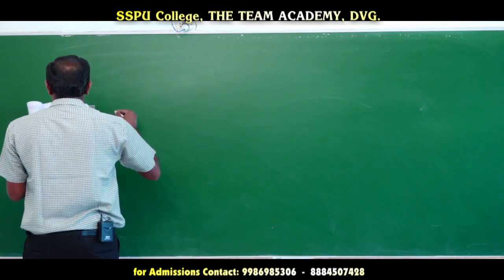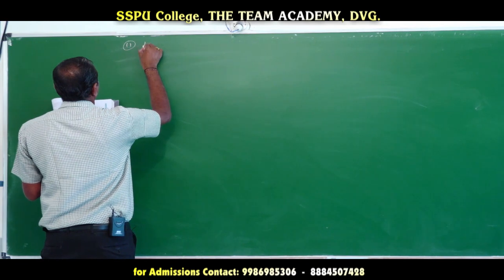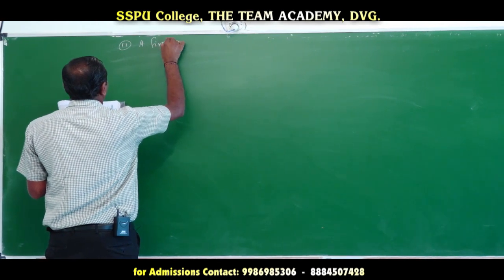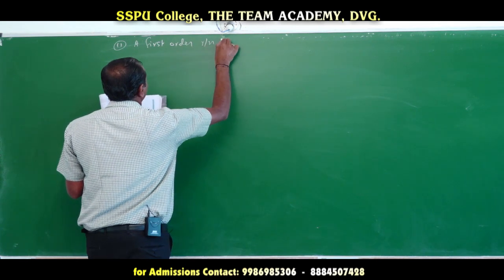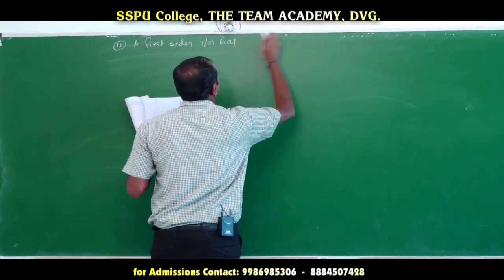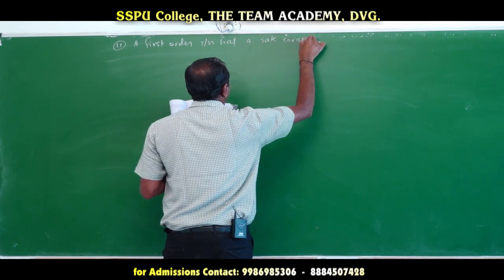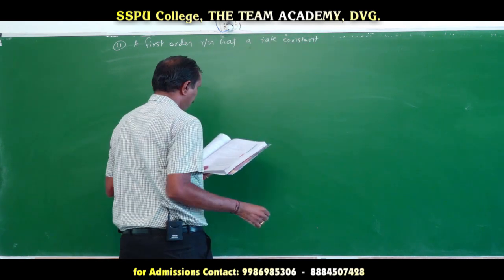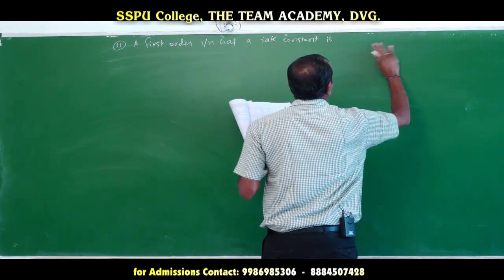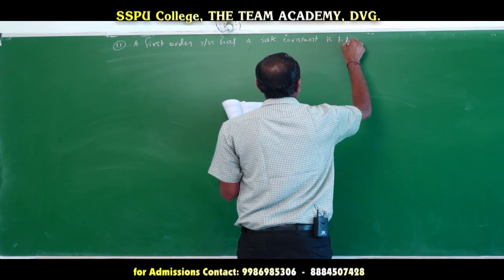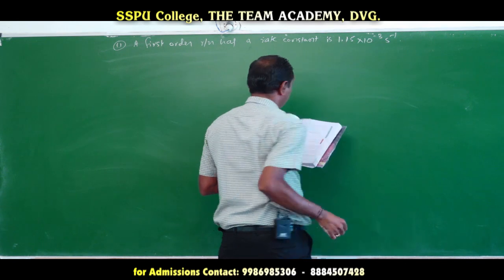A first order reaction has a rate constant of 1.15 into 10 to the power of minus 3 per second.